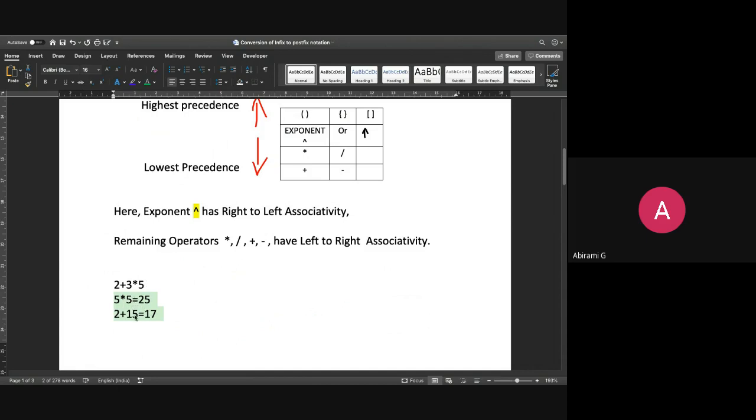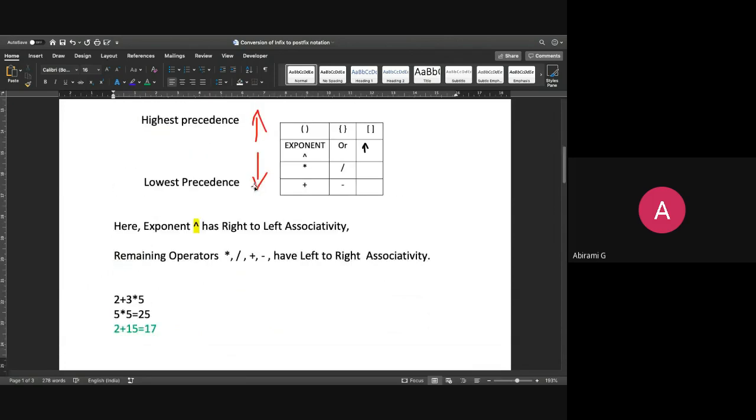If you follow the correct way to get the answer, it is based on the operator precedence that we have to follow. If you don't know the operator precedence, then we will get the value 25. That is the wrong answer.